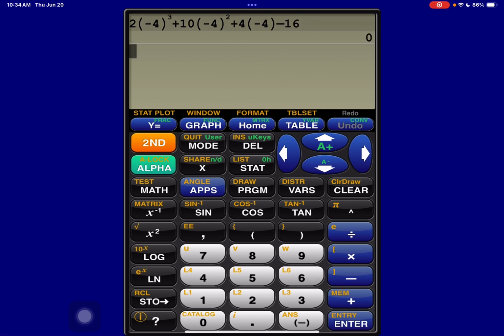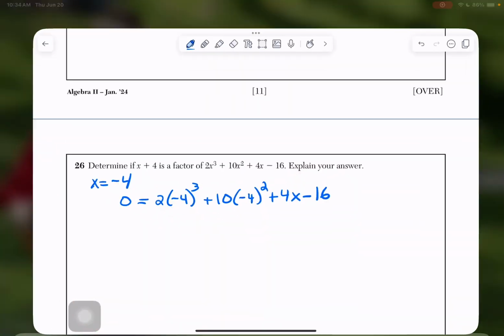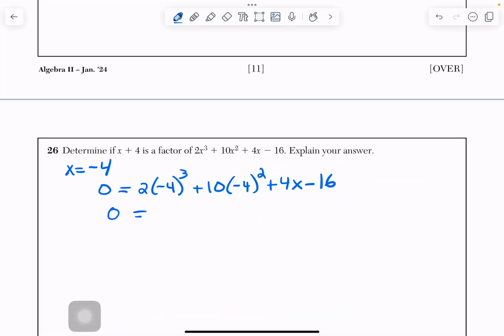So we could say that 0 is equal to 0, since negative 4 is a root, x plus 4 has to be a factor.